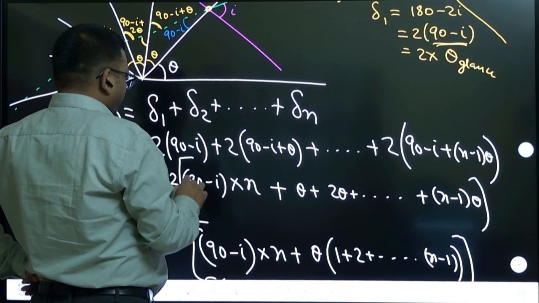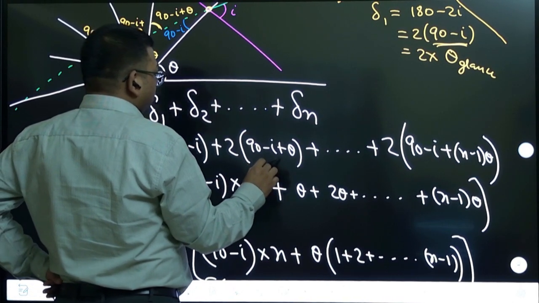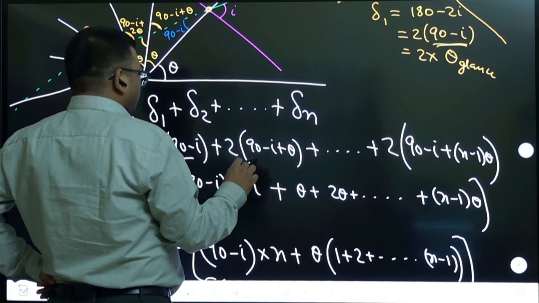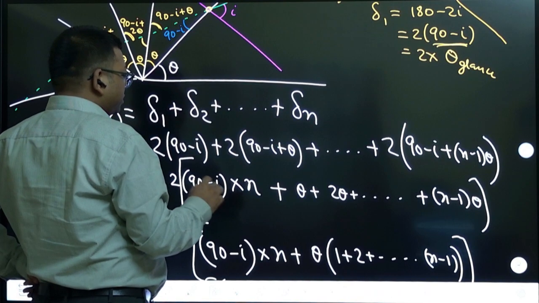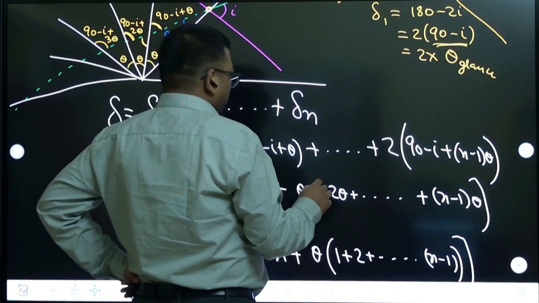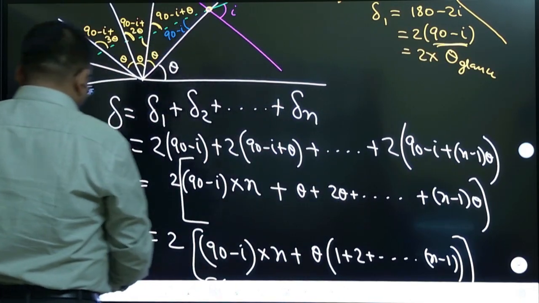2, I have taken common, 90 minus i has come. So 90 minus i will go starting from here to n minus 1, so n times is there. Then this is coming as theta, next 2 theta, up to n minus 1 theta. Is there any mistake in this?